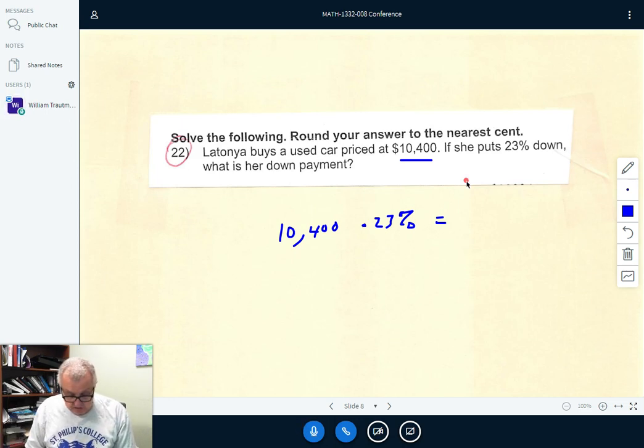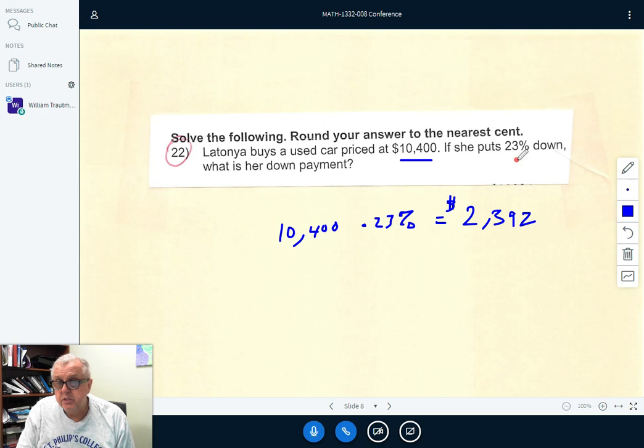So on your calculator, just do 10,400 times 23. Don't forget the percent symbol, or you can change it to a decimal first. I would just use the percent symbol. And the down payment is $2,392. So you're just going to put that in your calculator.